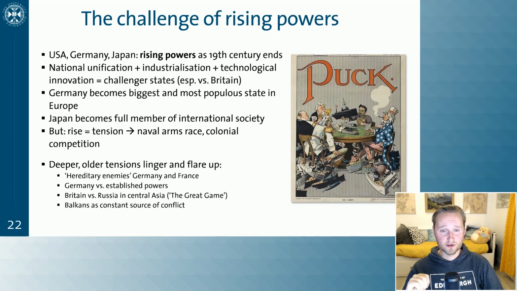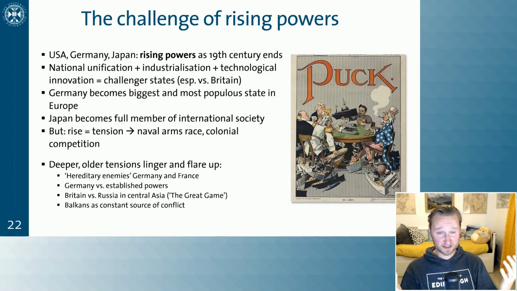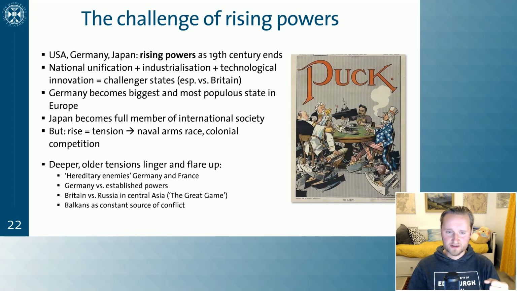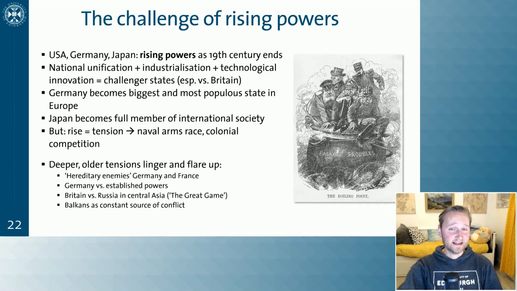I've already talked about the colonial competition. About the naval arms race, you see the caricature here on the right refers to this naval arms race where suddenly every state, seemingly in Europe, whether it made sense or not, tried to build the biggest possible navy that they could. But you also had a number of deeper and older tensions on the continent, both between some states that had numerous times been at war already and between some states that were new rising powers.